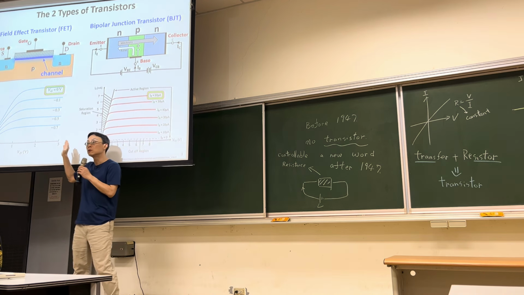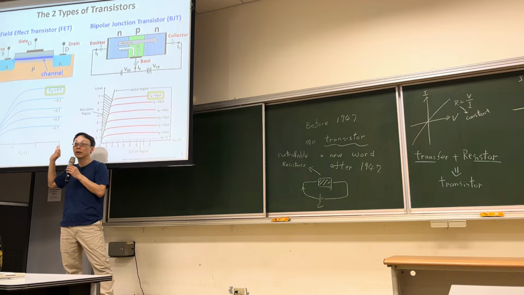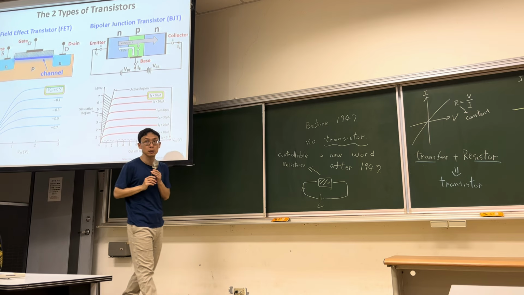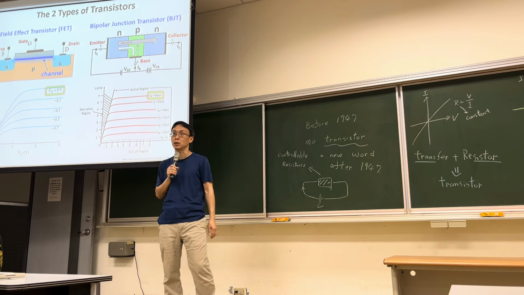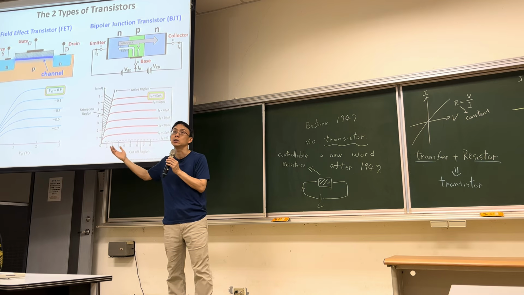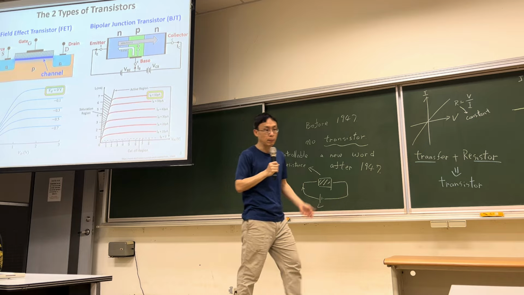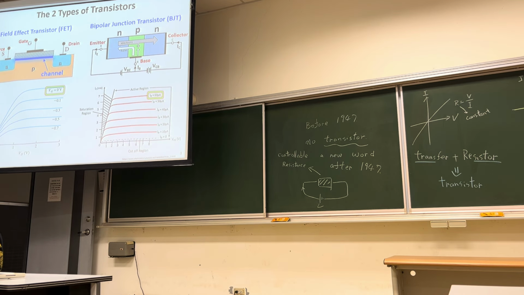The TSMC 3 nanometer, 5 nanometer, even 2 nanometer are all FET. The BJT is usually much larger with today's technology. So the 3-nanometer ones are all field effect transistors, while the bipolar ones are relatively larger.